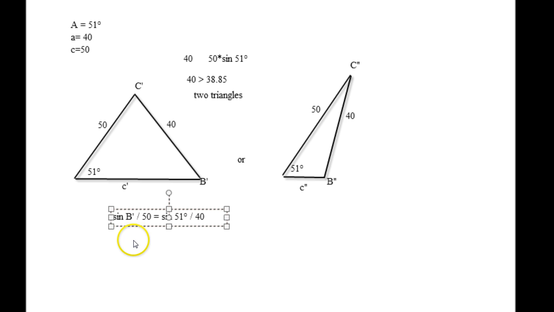Now that I have all this set up, I do my cross multiplication. So this is 40 times the sine of B prime equals 50 times the sine of 51 degrees. Then I just divide both sides.